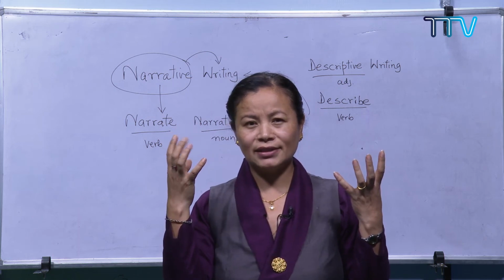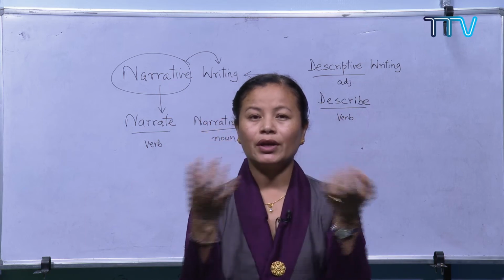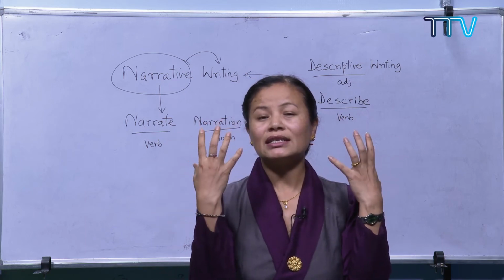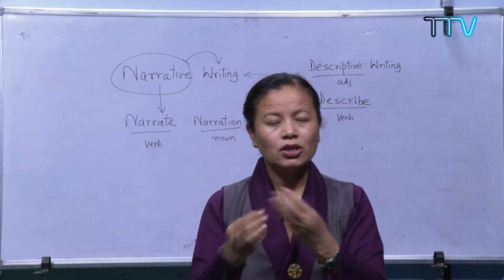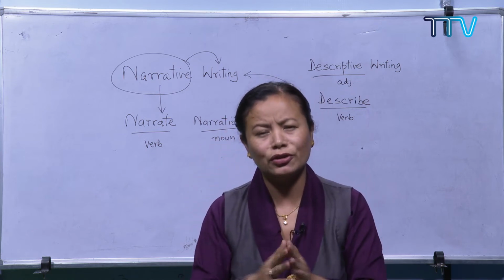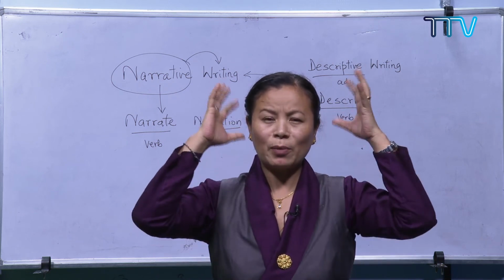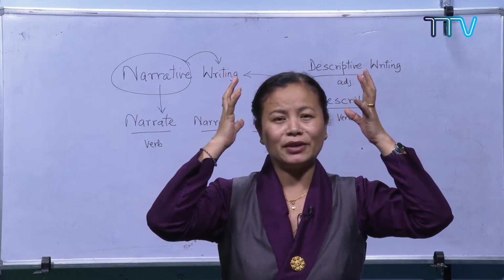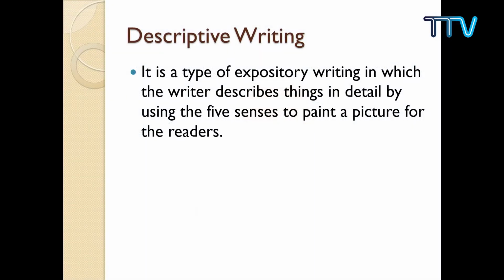There is the visual, something you can see, then your olfactory and auditory senses, where you can feel as well. So all your 5 senses are used to help the reader form a picture in your mind. So descriptive writing is a type of expository writing, but all expository writing may not be descriptive writing. Does that make sense?